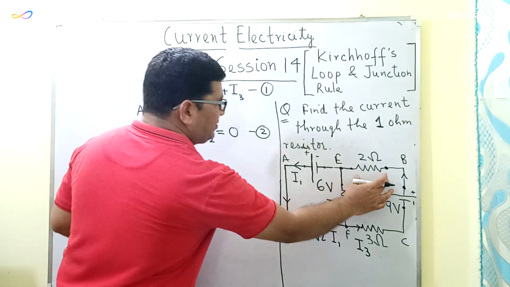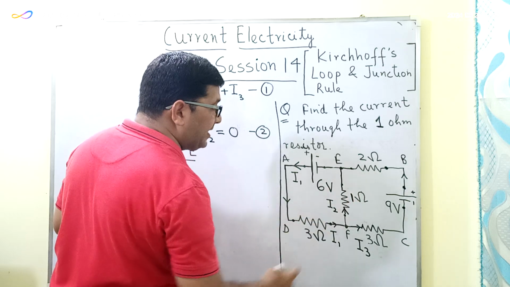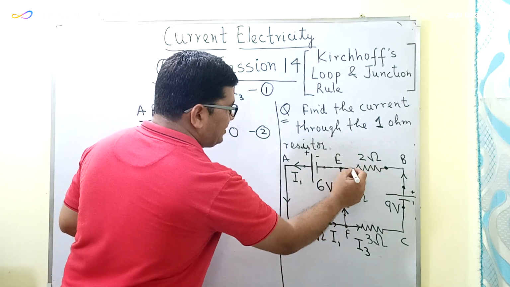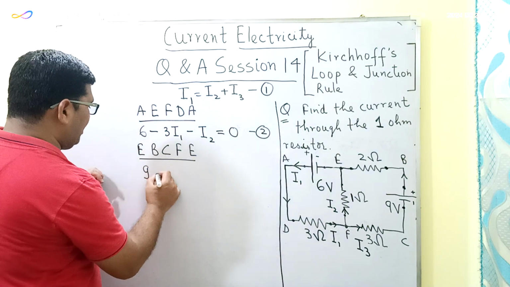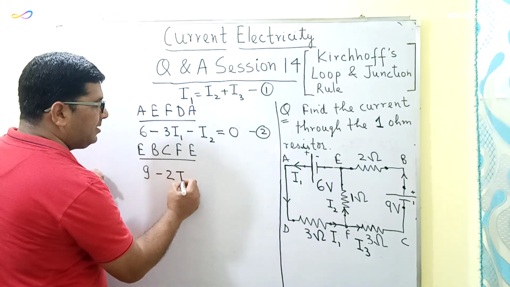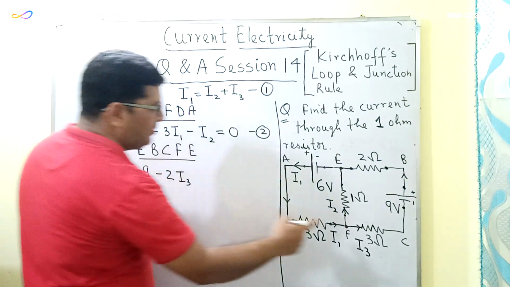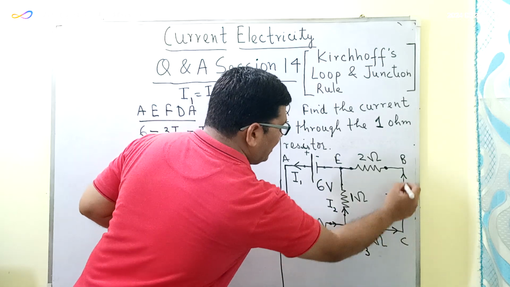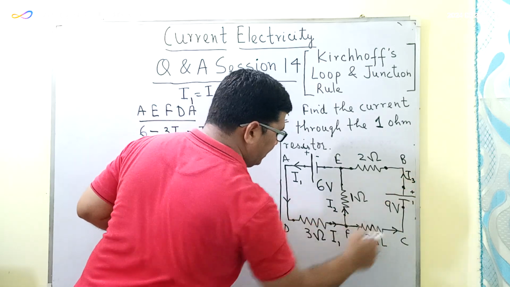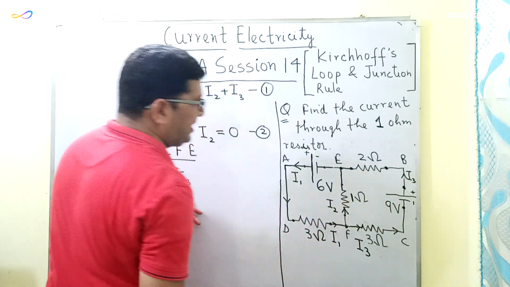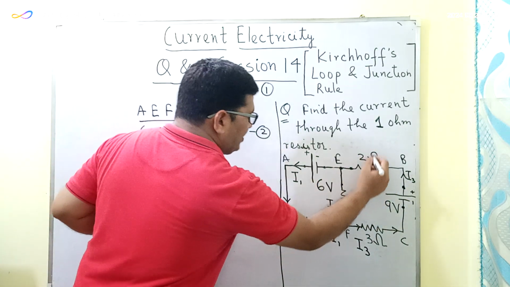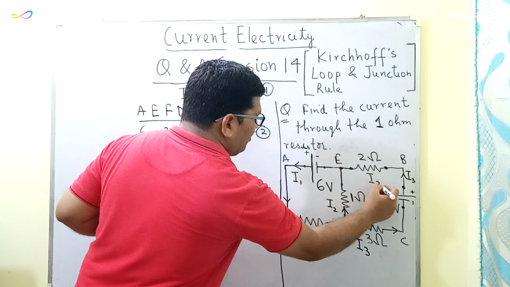The potential difference across this 2 ohm resistor will be negative because this is at a higher potential and this point will be at a lower potential. So this will be equal to minus 2I3, because the current which is flowing here is I3. So this is the current I3 which is flowing in this circuit, and the current flowing through this 2 ohm resistor will also be equal to I3.